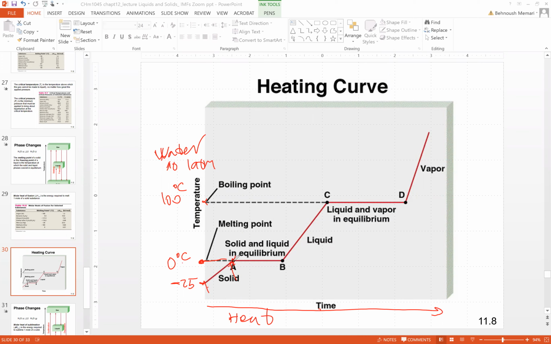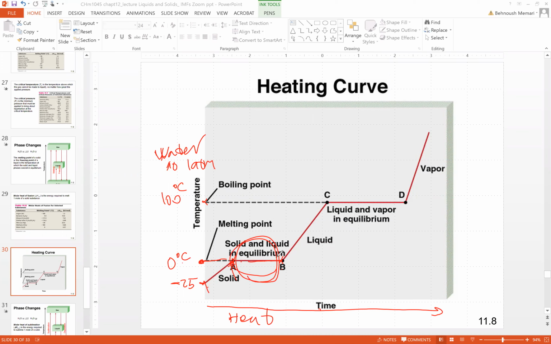When it does reach melting point, it's going to start melting. And until it goes from point A to point B, that means all the solid has been melted. The temperature is going to stay constant. So solid and liquid in equilibrium in this area, there is no change in temperature.